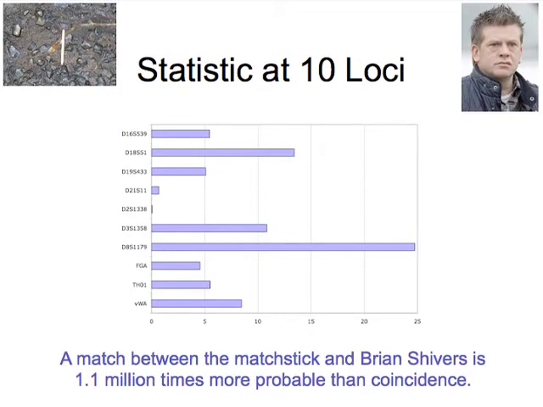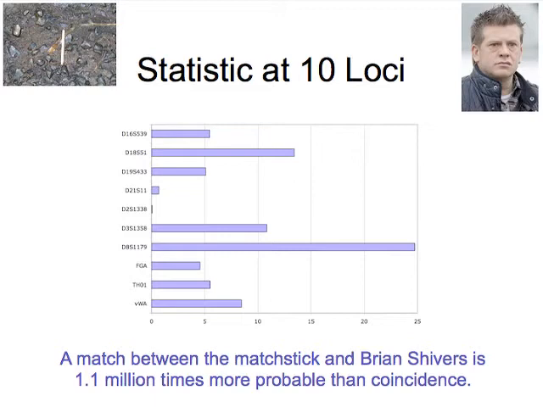So when we multiply together what happened at all 10 loci, not just at THO1, the product of all those numbers, some of those ratios are bigger than 1, suggesting support for the hypothesis that Mr. Shivers is included. Some of those can be under 1. Evidence can go either way, but when you multiply them all together, what you end up with is the full match statistic, the joint match statistic. And in this case, the match statistic was about 1 million.